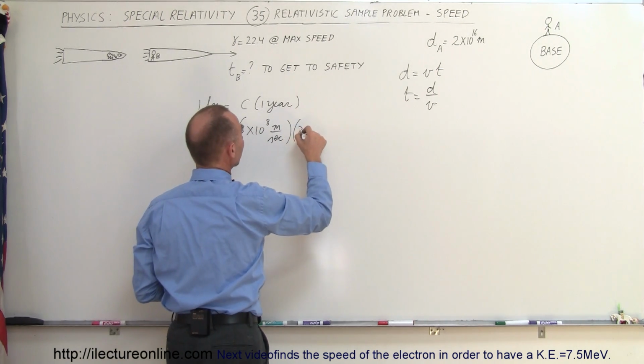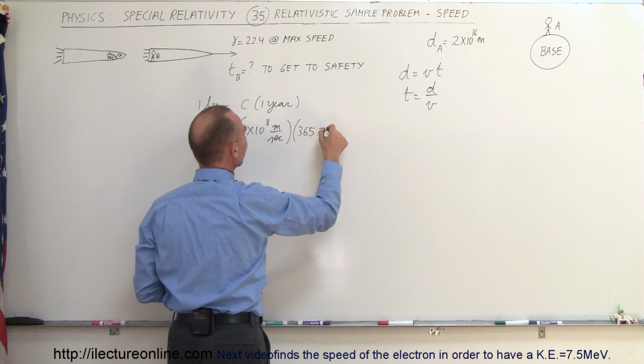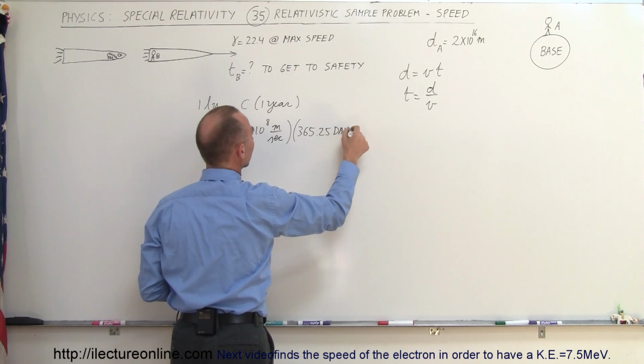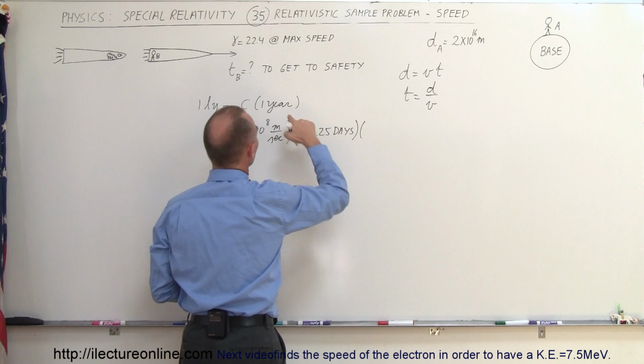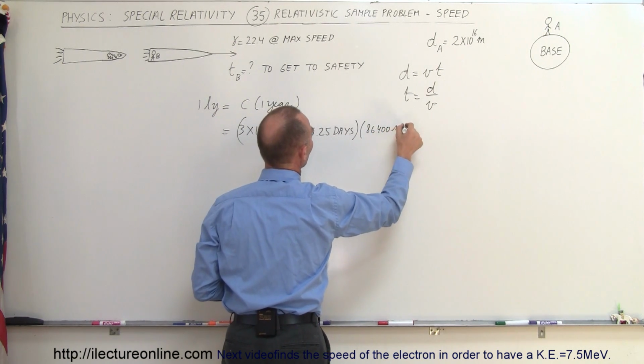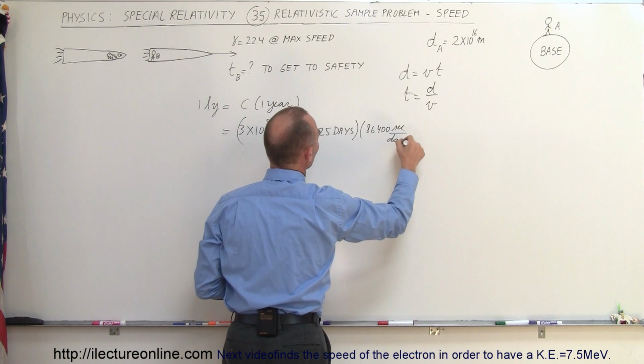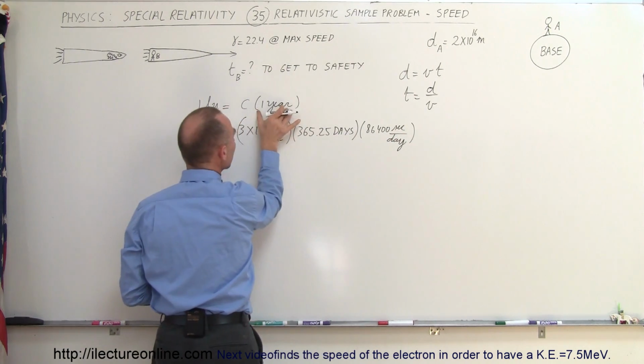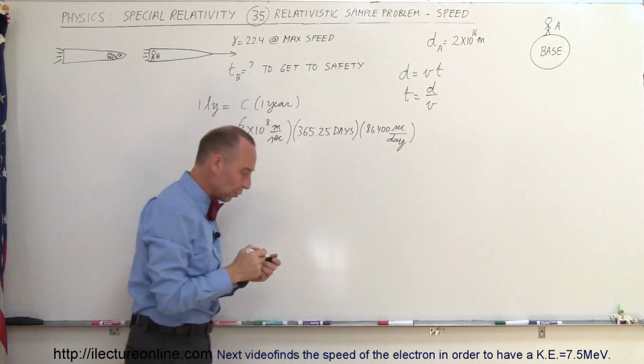And a year, of course, we have to convert to seconds. A year is 365.25 days, and per day there are 86,400 seconds, so we convert a year to seconds with this product.